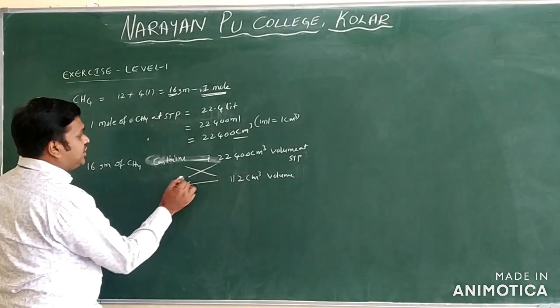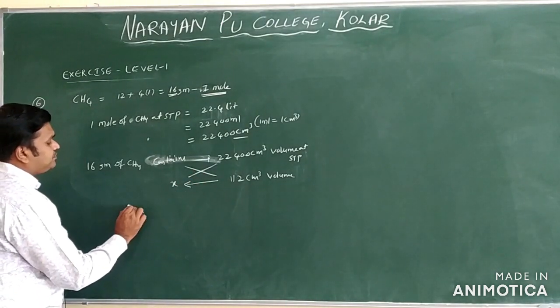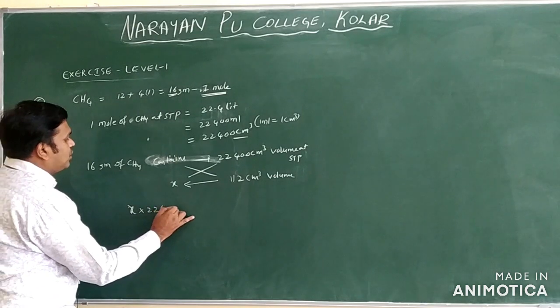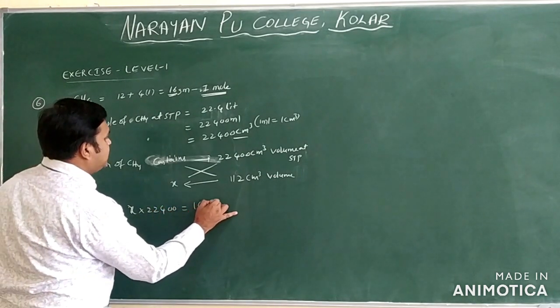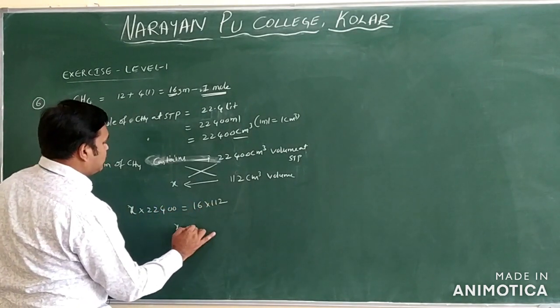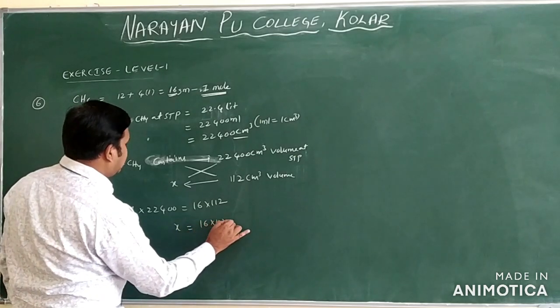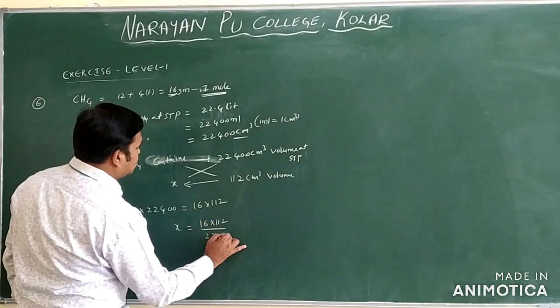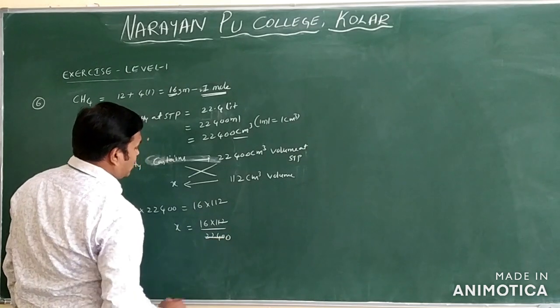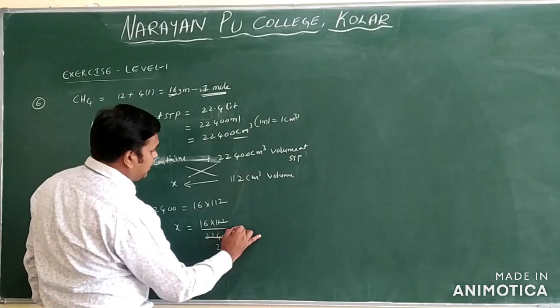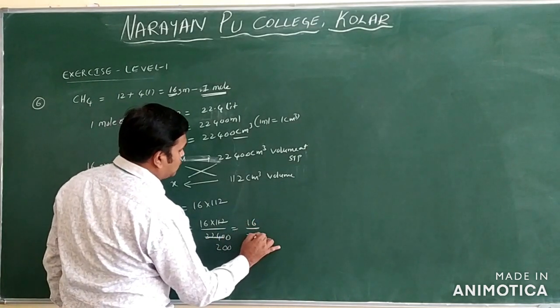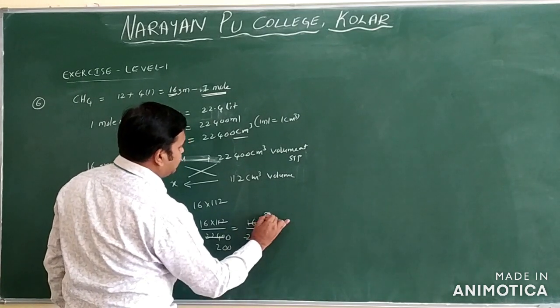Do the cross multiplication, we have x into 22,400 is equal to 16 into 112 only. So x is equal to 16 into 112 by 22,400. So what you will write here? You can write 200 only. This is 16 by 200. So here 8 times cancel here.